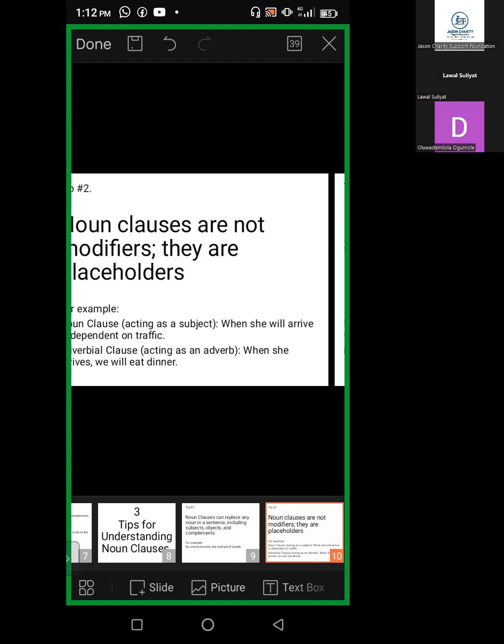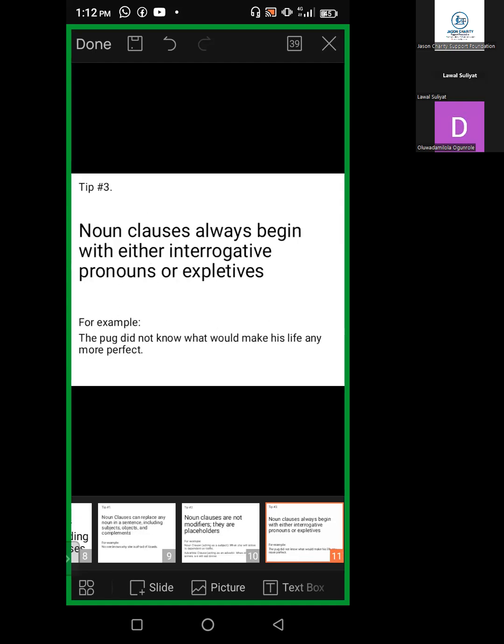And the last tip is noun clauses begin with either interrogative pronouns or expletives. So when you see an interrogative pronoun in your expression, watch very well. It may likely or usually be a noun clause.